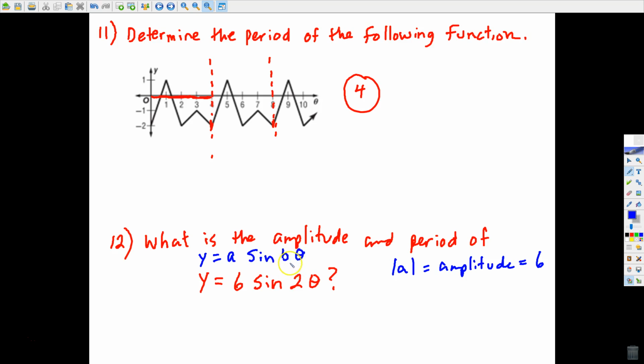And then whatever B is, the way we find period is we always take 360 degrees and divide by B. In this case, that would be 360 degrees divided by 2. So the period for this problem would be 180 degrees. And that is number 12.